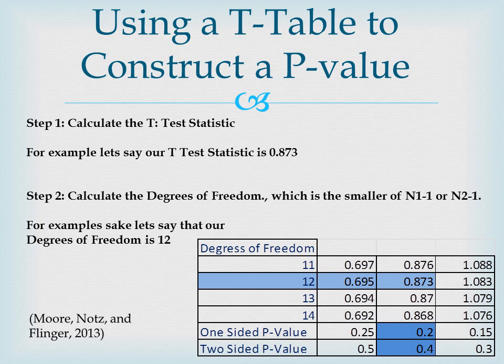We would then pull out our t-table, and we would find 12 degrees of freedom on the left side of the chart and its corresponding t-test statistic, 0.873. This correlates with a p-value of 0.2 or 0.4, depending on whether our test is one-sided or two-sided, something I'll explain later.